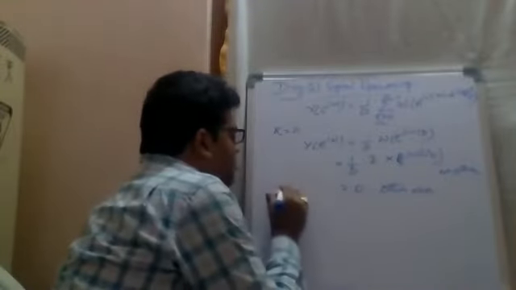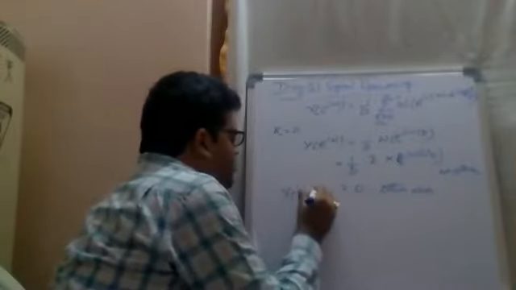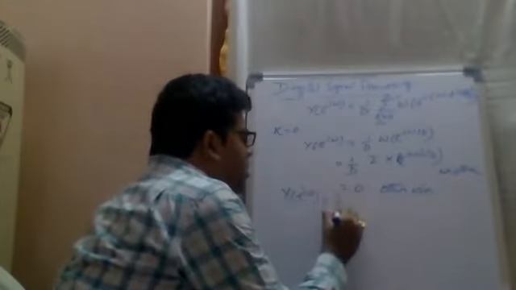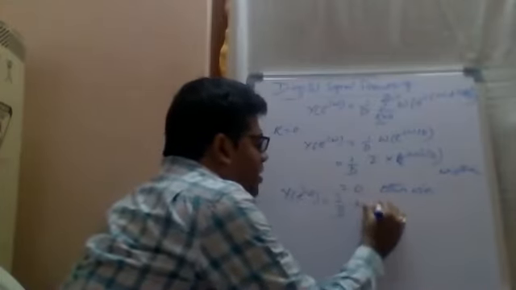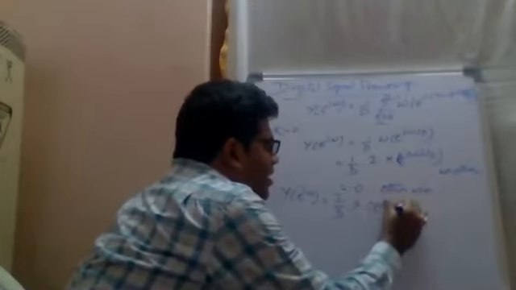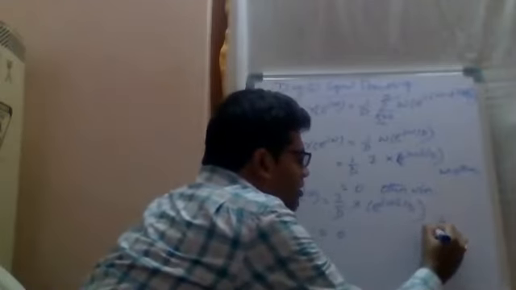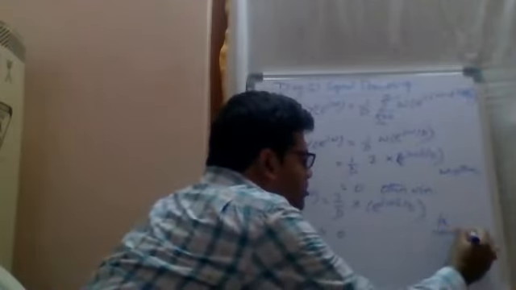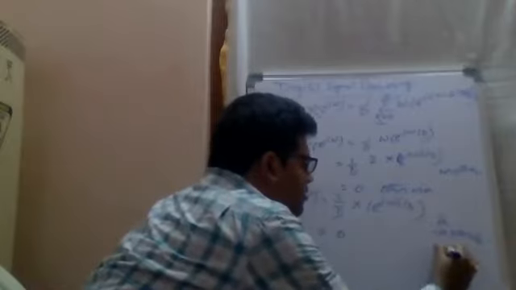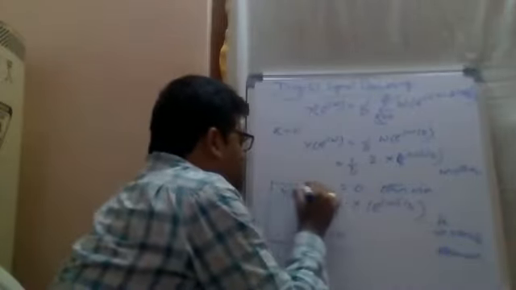So now your Y of e power j omega is equal to I by d X of e power j omega I by d, for omega equal to 0 to omega c, and 0 otherwise.